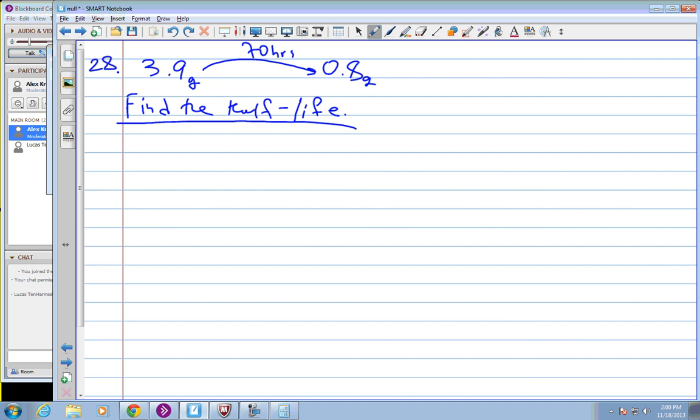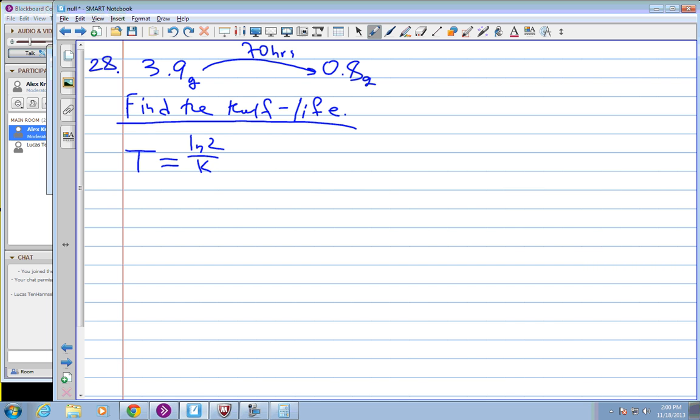Right. And why do you say that? Yeah, but what are you going to do with that rate? Because we know the half-life is natural log of 2 divided by the rate. So the second I find the rate, I have the half-life. So I can set this up, right?